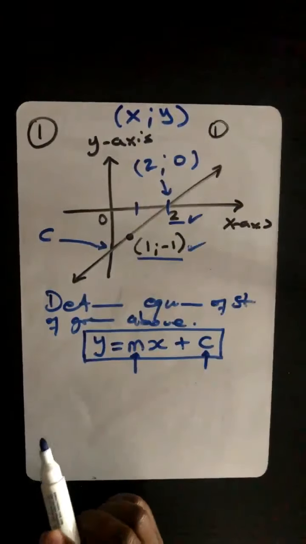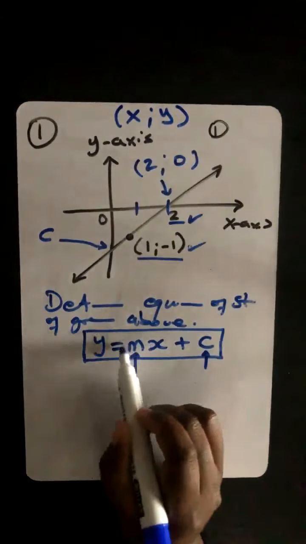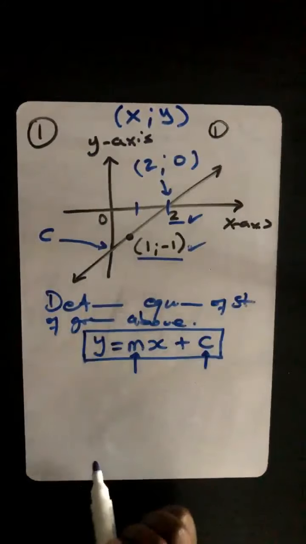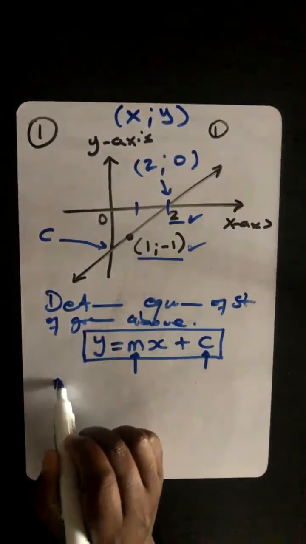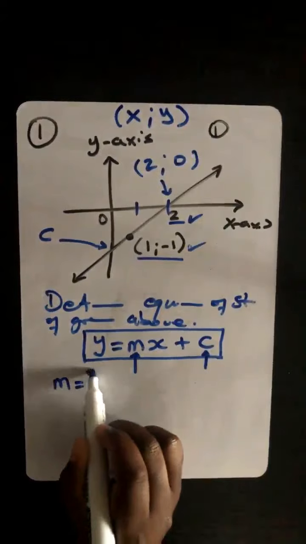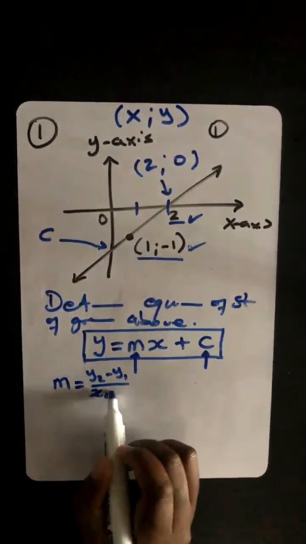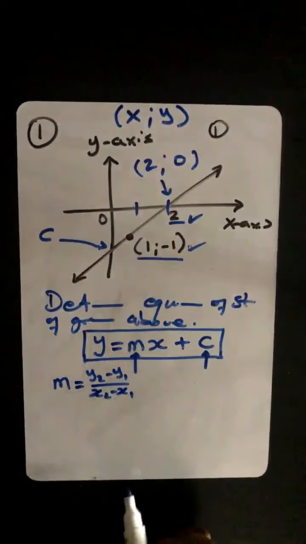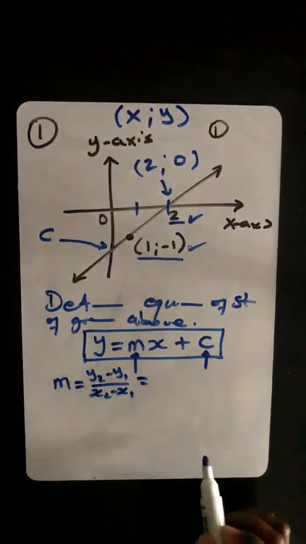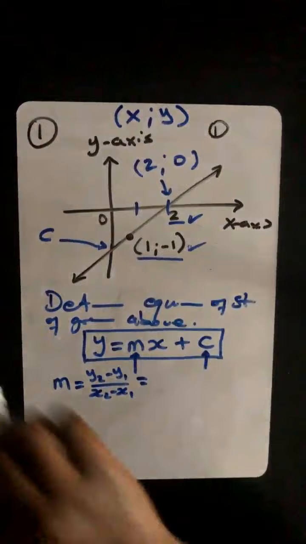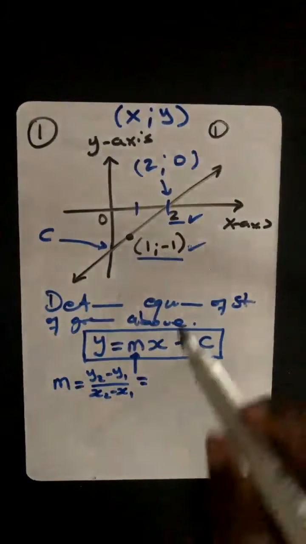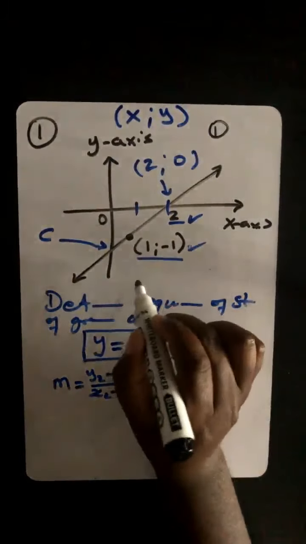So now let's calculate the gradient. So we know that the gradient is equal to y2 minus y1 divided by x2 minus x1. So what is our x1? What is our y2? Remember, guys, these are our points.